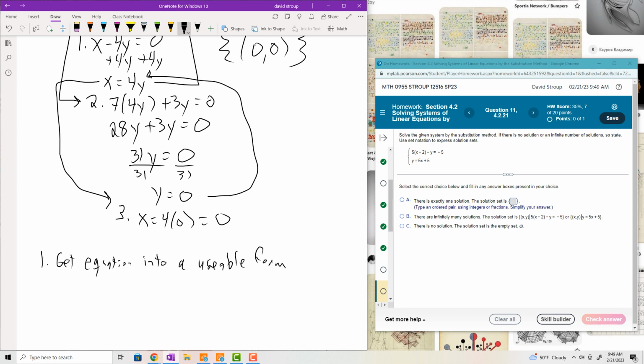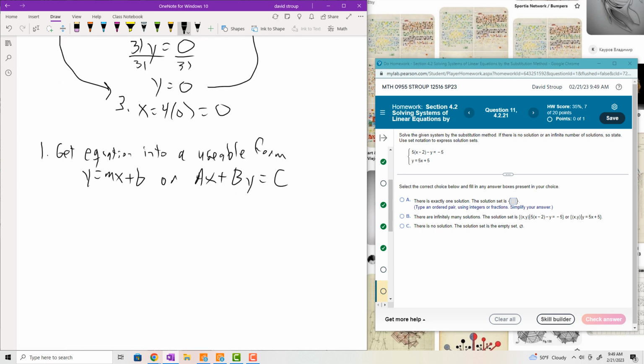So usually that means put it into the form y equals mx plus b, or the form ax plus by equals c. So in this problem, number 11, that first equation is kind of a bit of a mess. So what I would do is extract it and then get it into that ax plus by form.